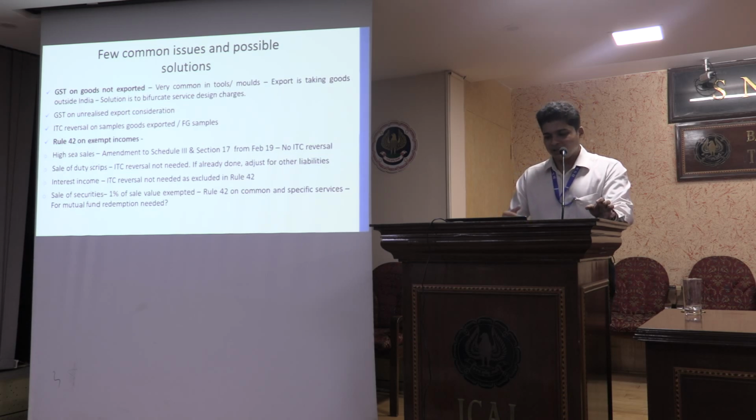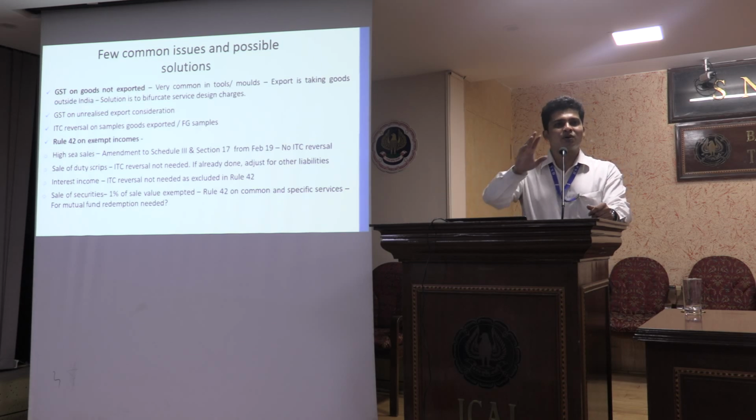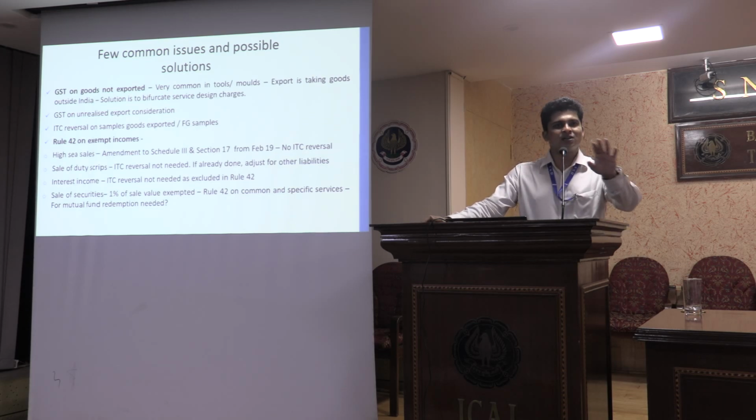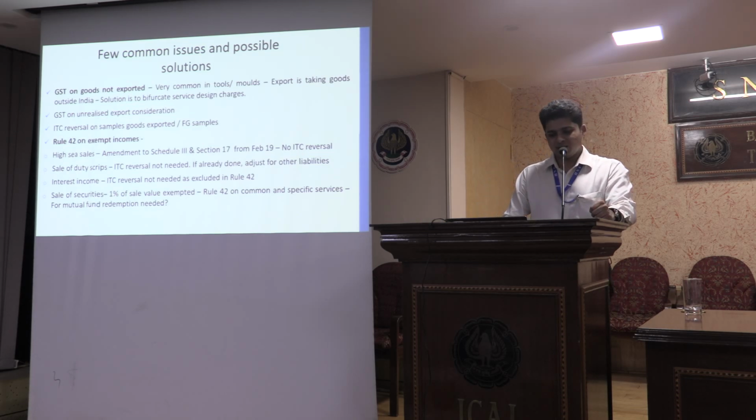That means for July 2017 till Jan 2019, those transactions which have been prospectively implemented in Schedule 3, which later on became retrospective also, the refund will still not be provided for the previous period, July to Feb 19. Now maybe the time period has passed for raising refund applications. But again, under Article 265, we can claim if we have made excess ITC reversal, considering these to be exempt supply.